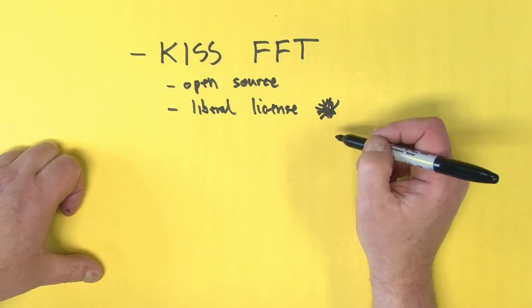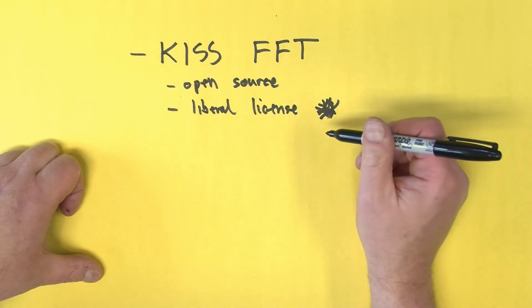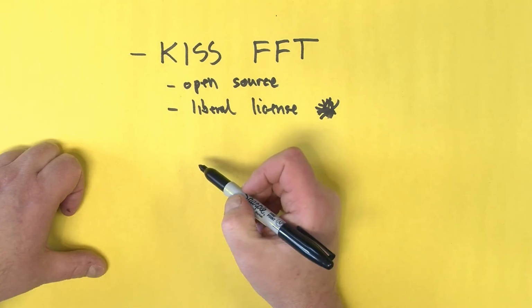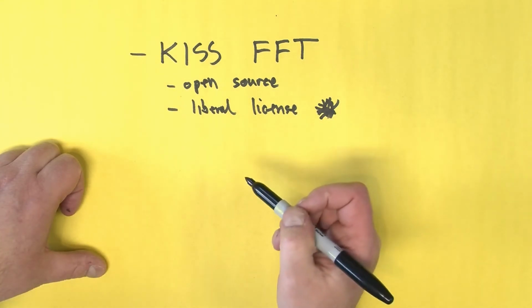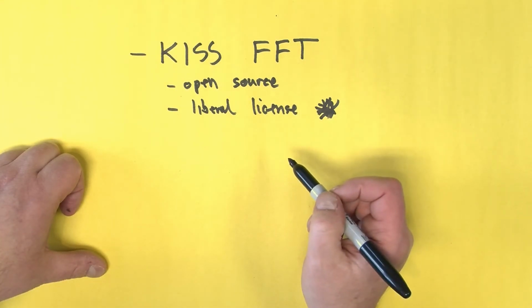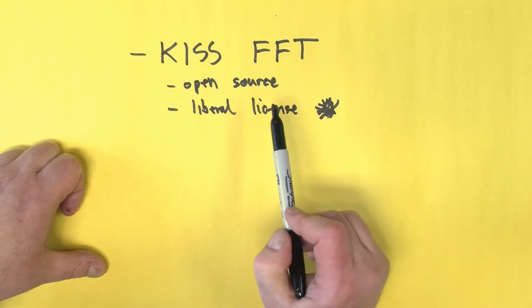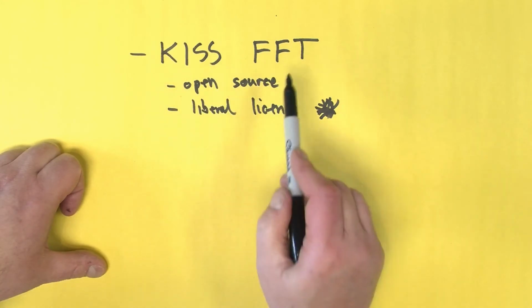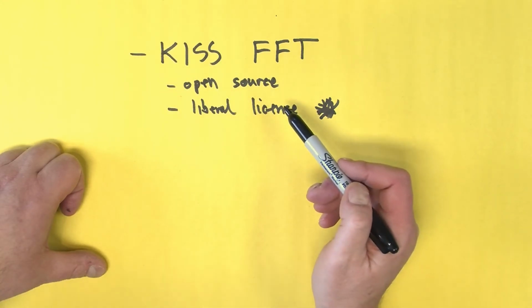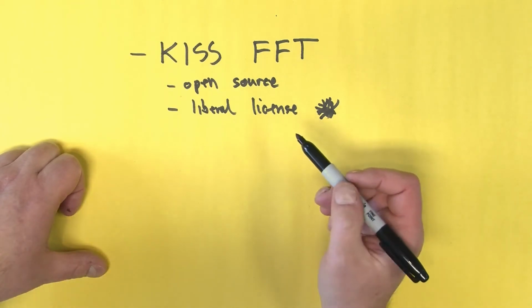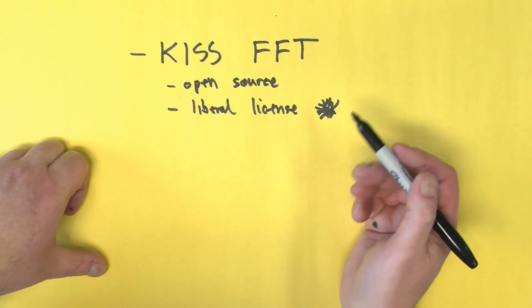You can't use it for commercial stuff, or if you do use it for anything, you then have to open source your code to the same terms as the license of the FFT package. Well, KISS has none of that. It's basically you can use it and do anything you want with it, and I don't know if it even requires that you acknowledge them or not, but it certainly would be a good thing to do.